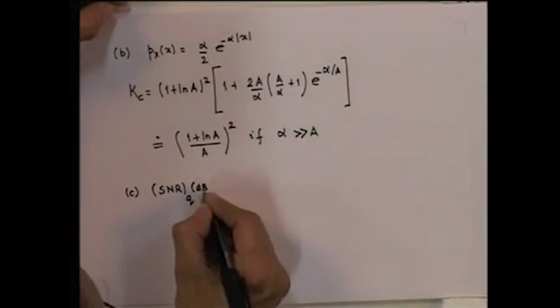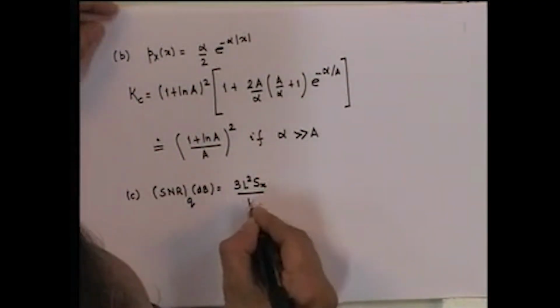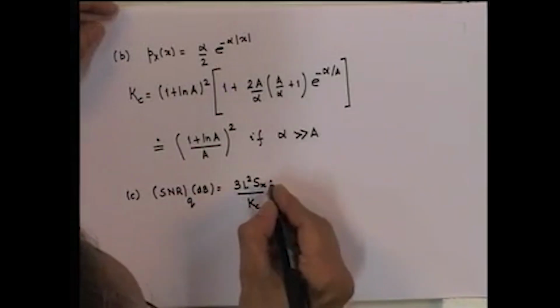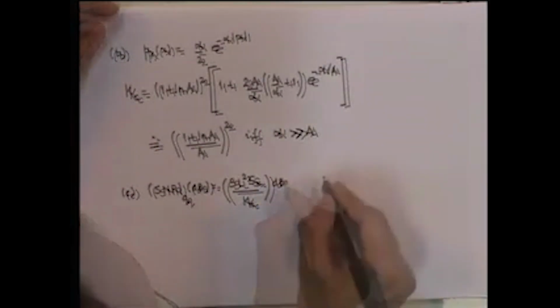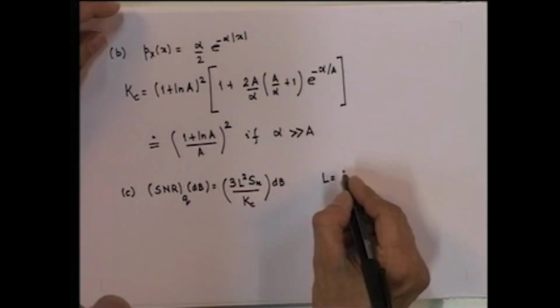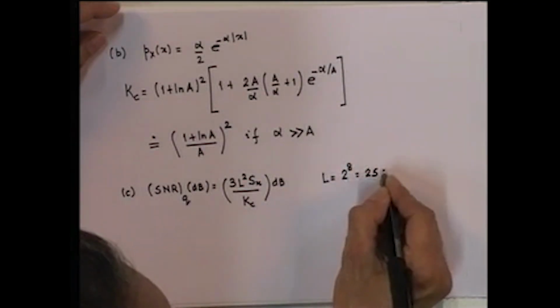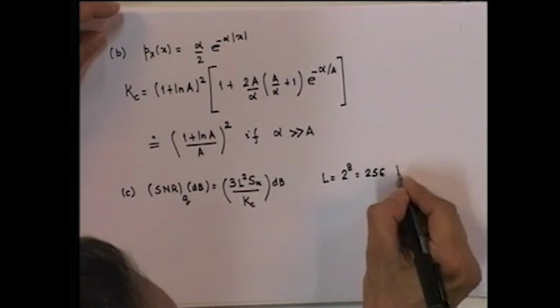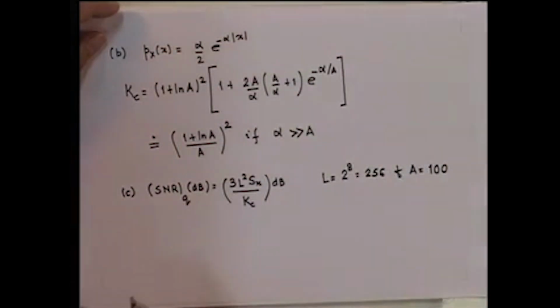in dBs is equal to, for L is equal to 2 raised to 8, that is 256, and A is equal to 100.